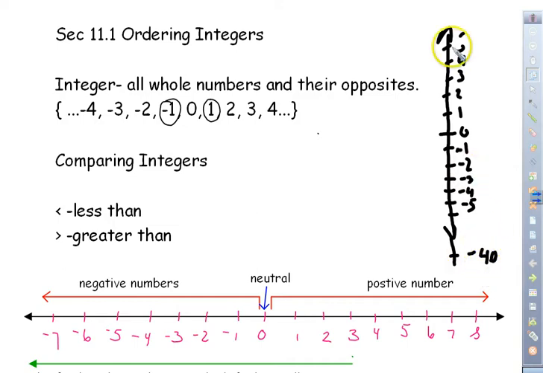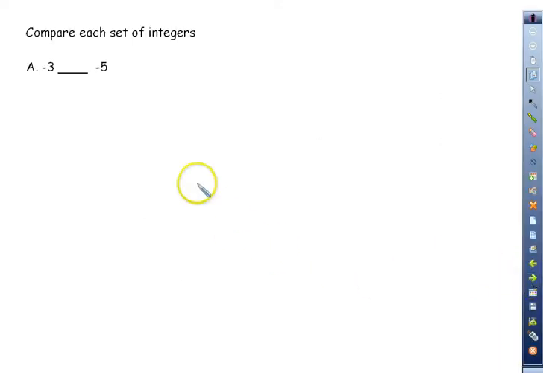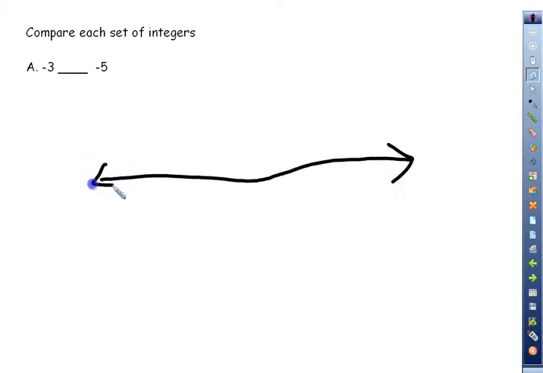So we'll talk a lot more about this in class tomorrow as well. So comparing the set of each integer, you're going to want to use that number line, knowing that on that number line, anything that is further to the left, the smaller the number is. Further to the right, the larger it would be.